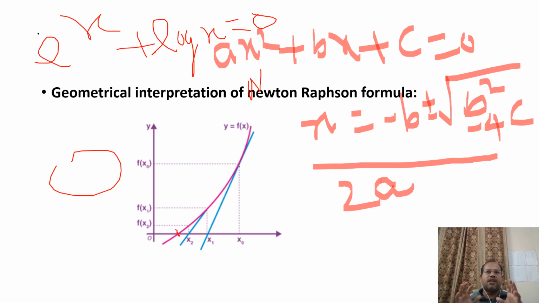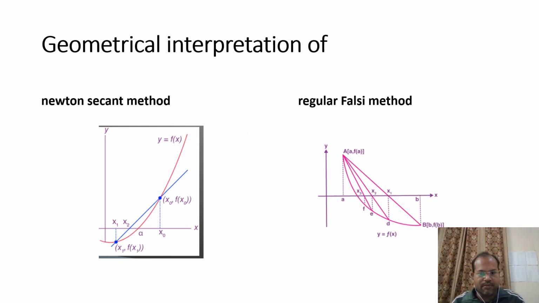So in place of taking the intersection of the curve with the x-axis, we are taking the intersection of its tangent with the x-axis.